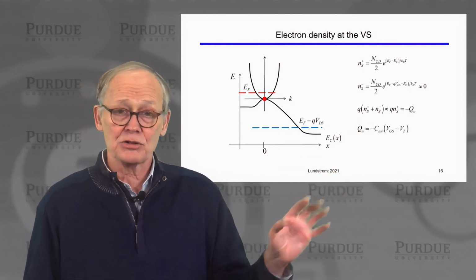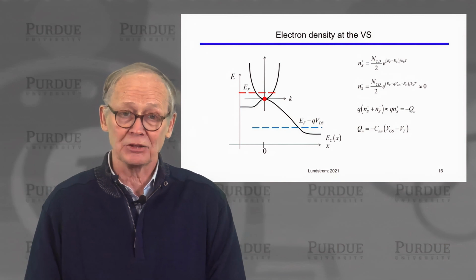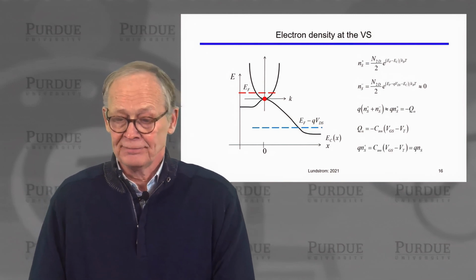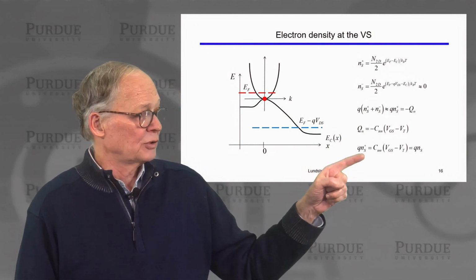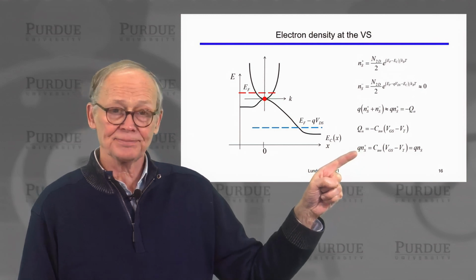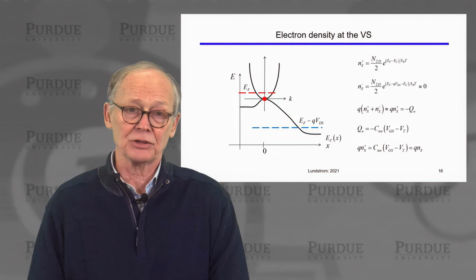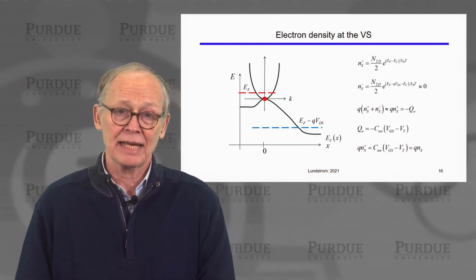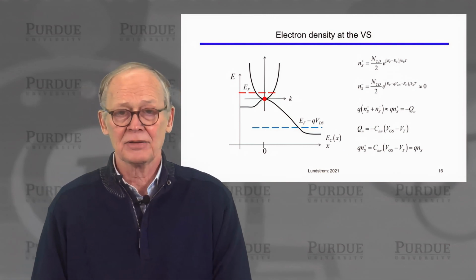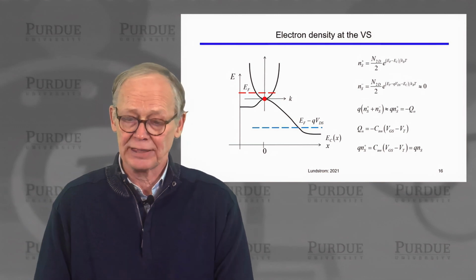That total charge is determined by MOS electrostatics, by the gate voltage. So we conclude that the total charge at the top of the barrier is all due to electrons with positive velocities, and it's determined by the gate voltage and gate capacitance through C inversion, VGS minus VT.